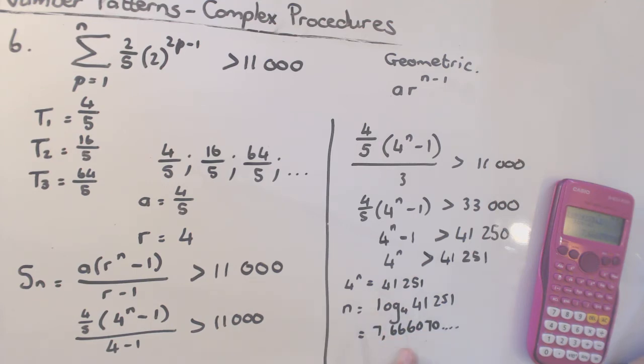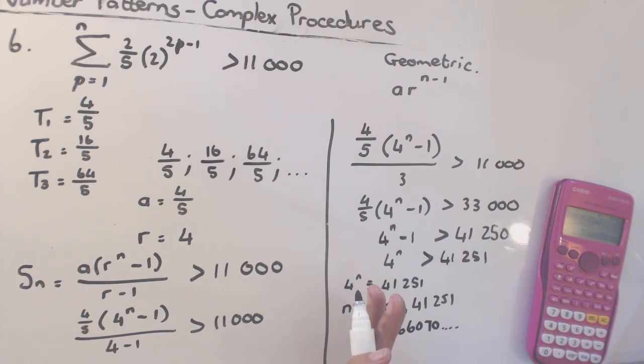Okay, so it gives me this. Right, now this means for the 7.666070 term, my sum is exactly 11,000.